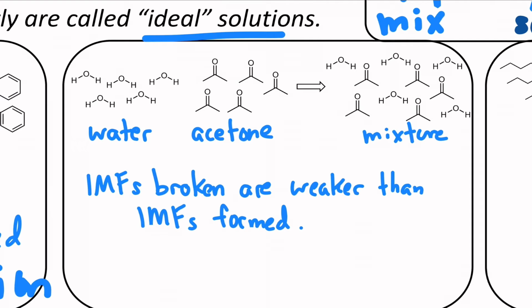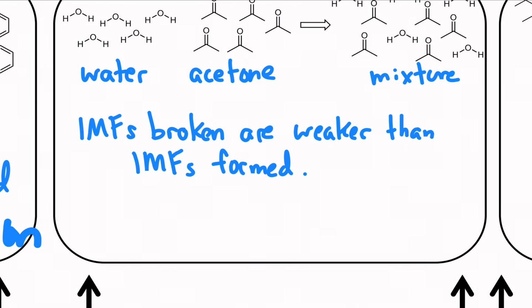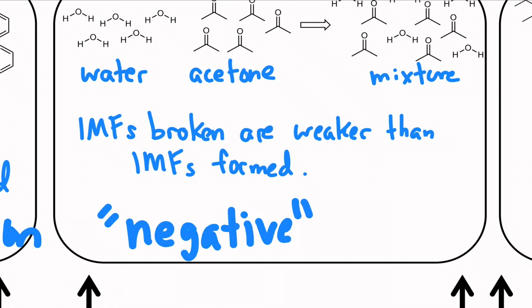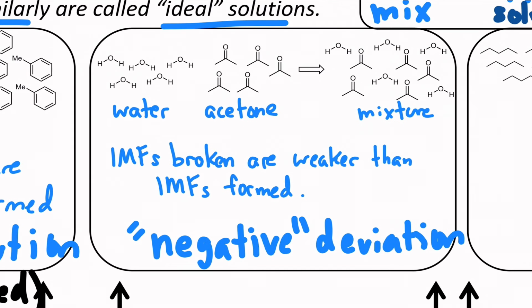And that's specific for what we call a negative deviation. And what that means is that when you break apart the, let's say, hydrogen bonds between water molecules and the dipole-dipole forces in between the acetone molecules, you're breaking bonds, so you're absorbing energy, but then you form interactions between acetone and water molecules and you release energy.